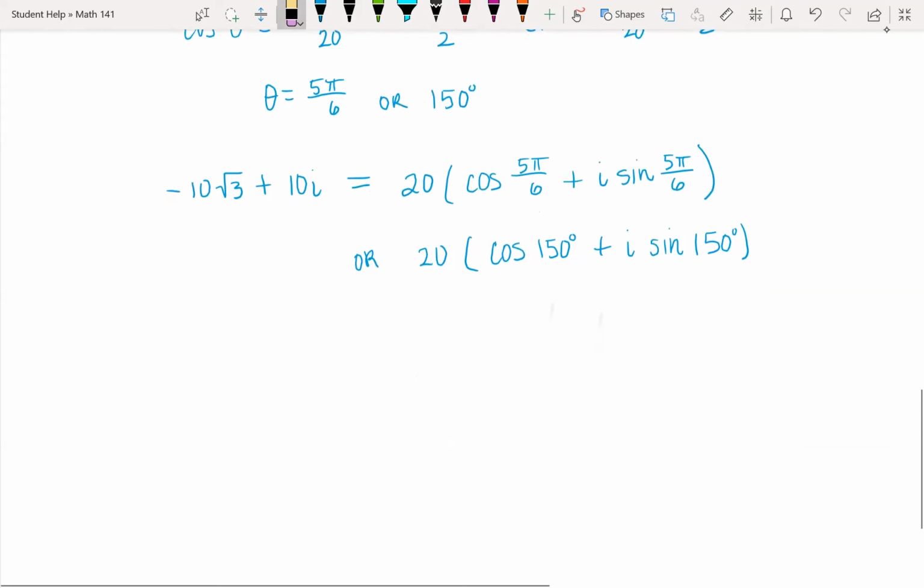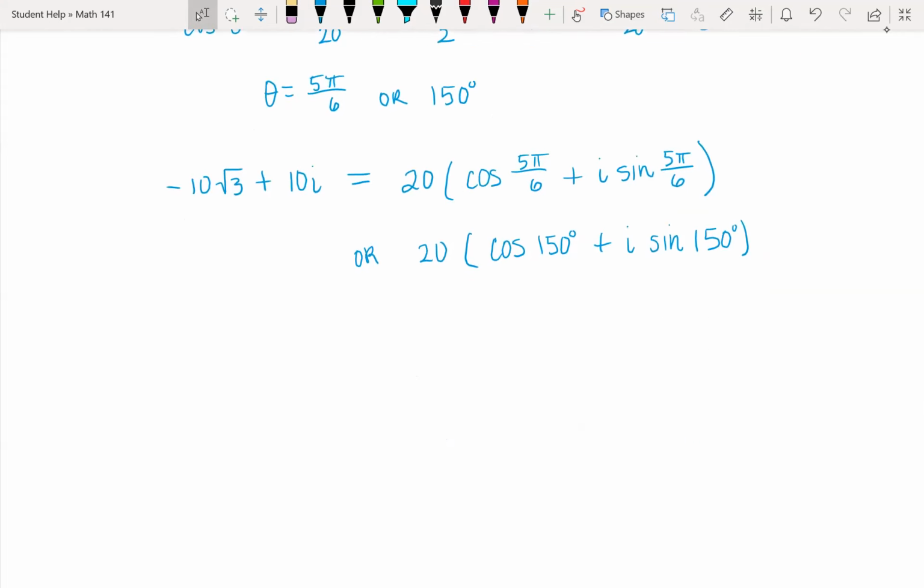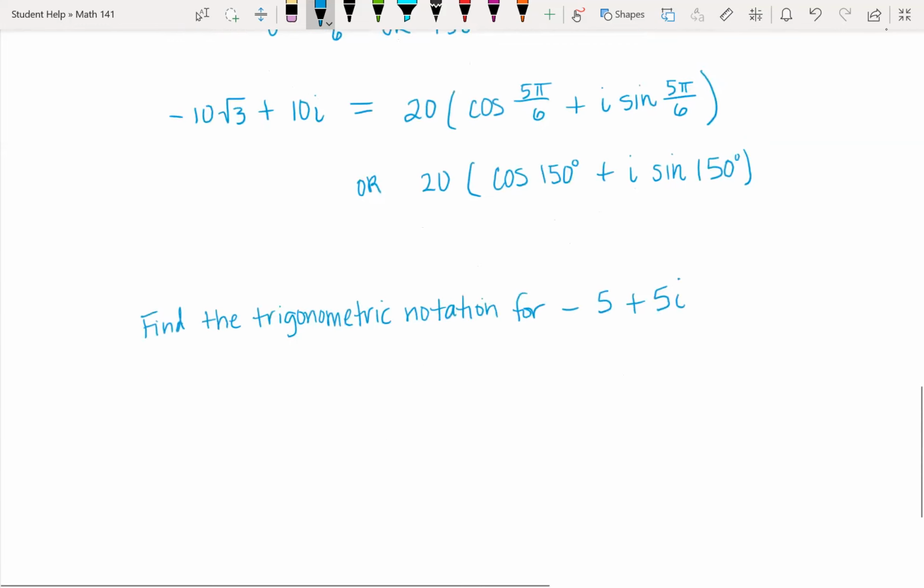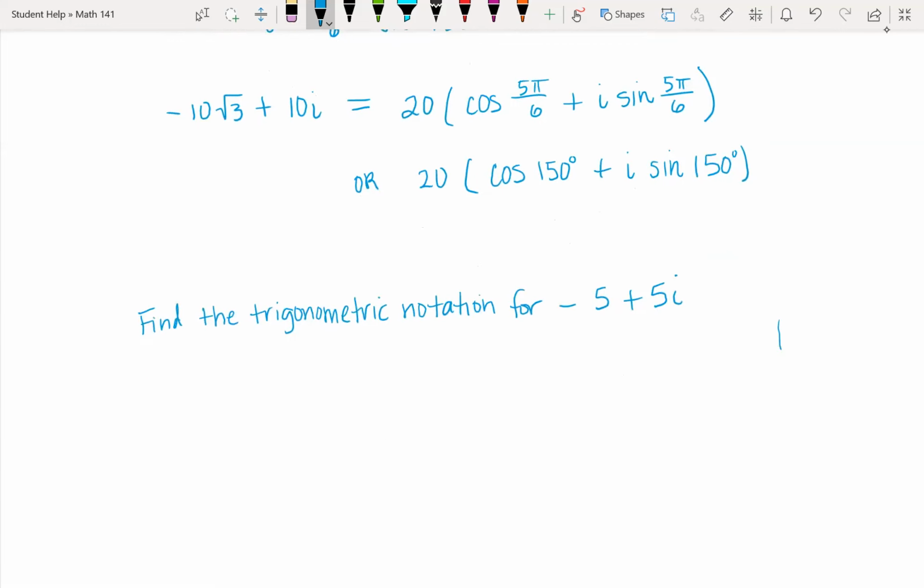All right, let's do one more example like that. Let's find the trigonometric notation for -5 plus 5i. This one is also in the second quadrant, right?